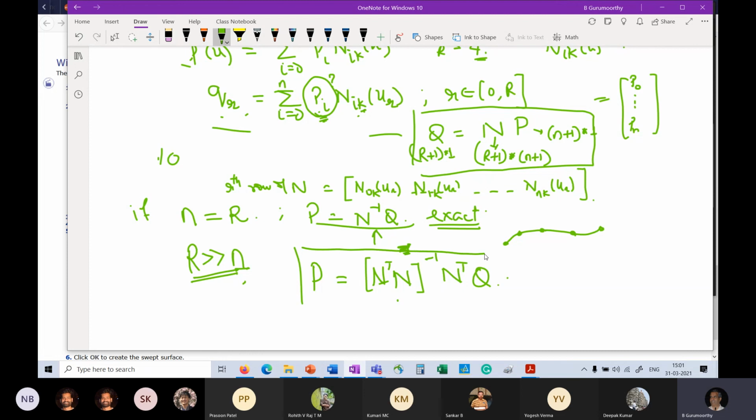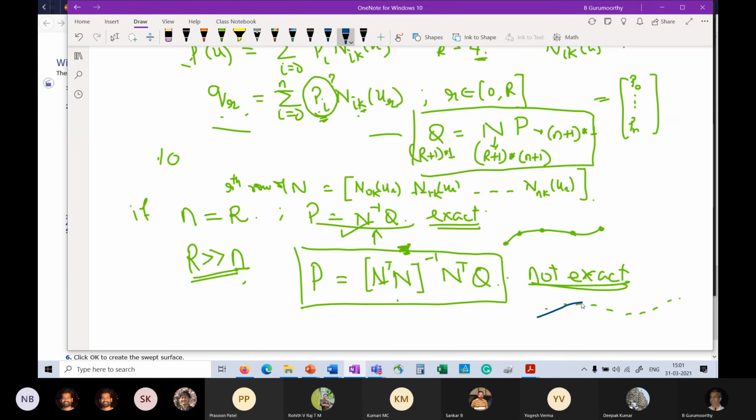Again, you are not doing this. Some computer program is going to do this, so you don't have to worry about it. But the implication is that this solution is not exact, unlike this. If I have these as my points, my curve will probably look like this.